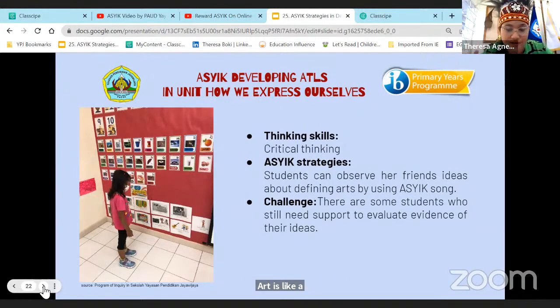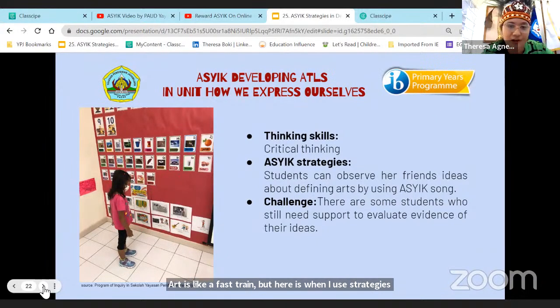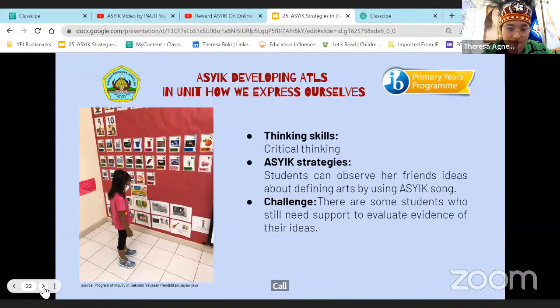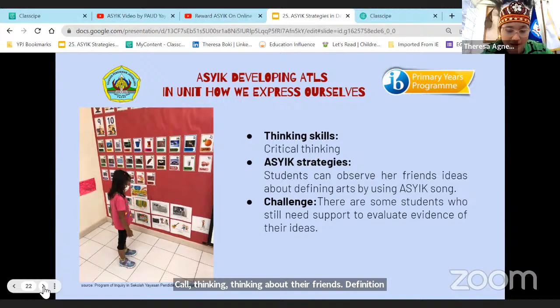But here is when I use ASYIK strategies. Actually, they can develop their ATLs by observing, by thinking about their friends' definitions of art.